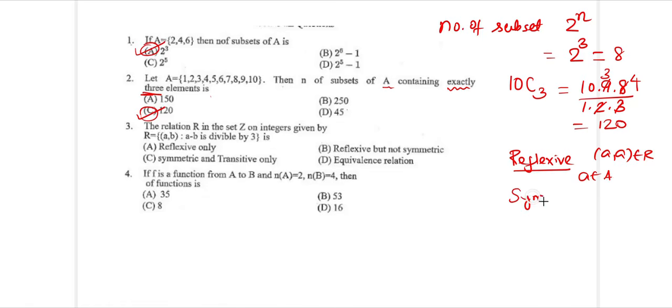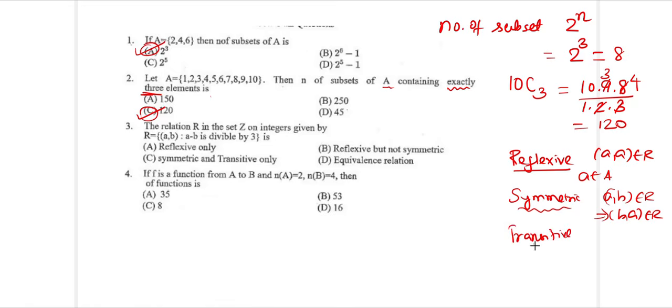What do we mean by symmetric? Symmetric is one where whenever A comma B belongs to the relation, B comma A also belongs to the relation. In which case you call it symmetric. What do you mean by transitive?